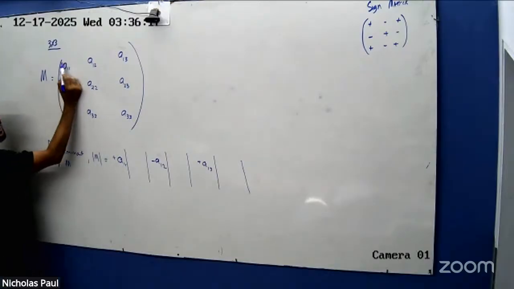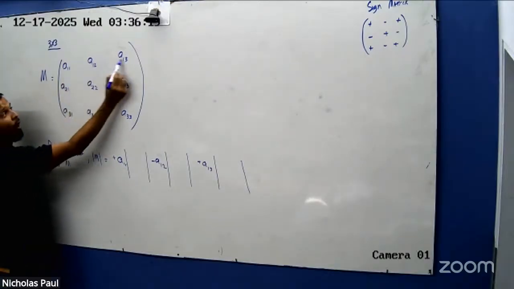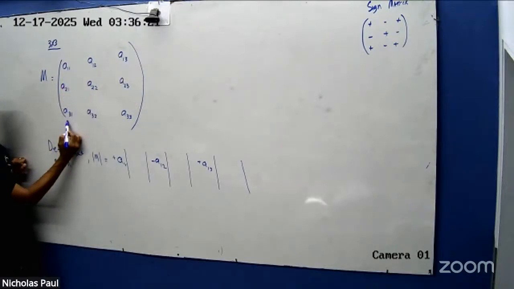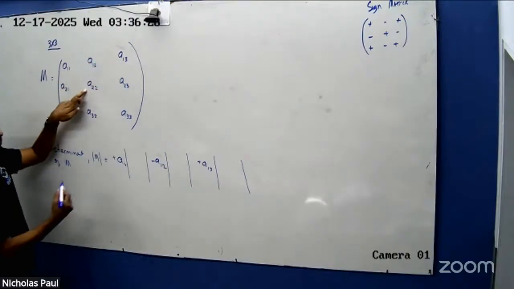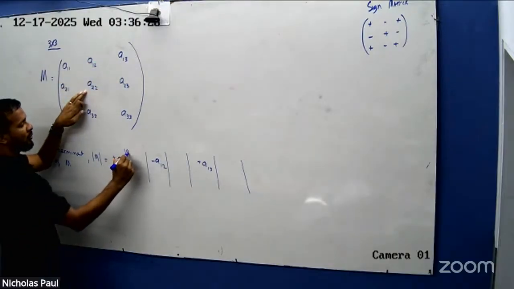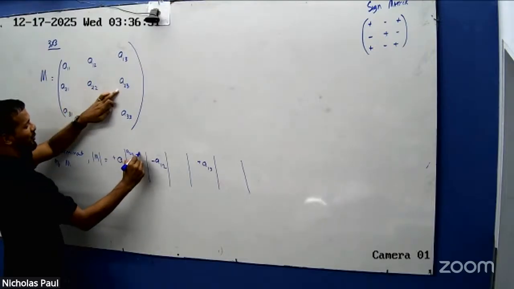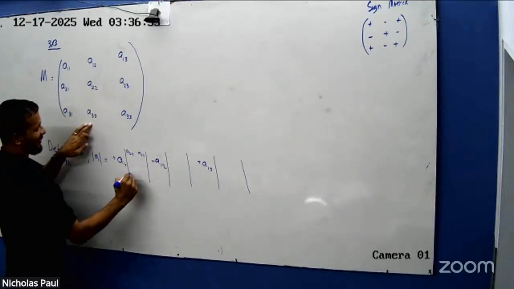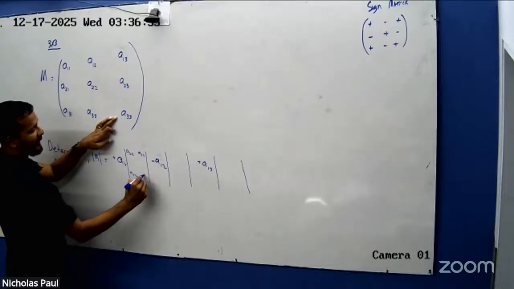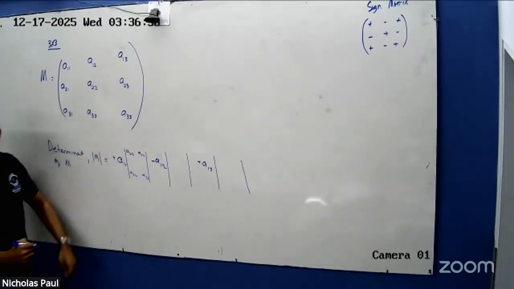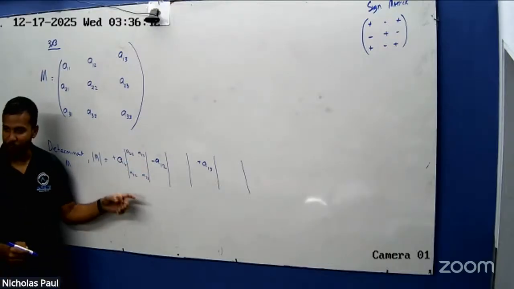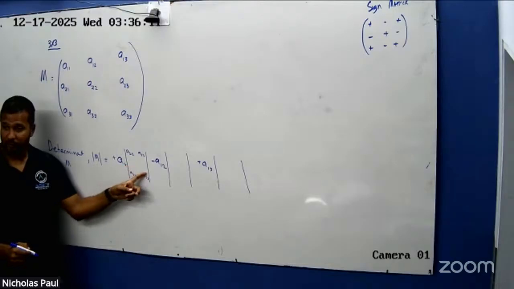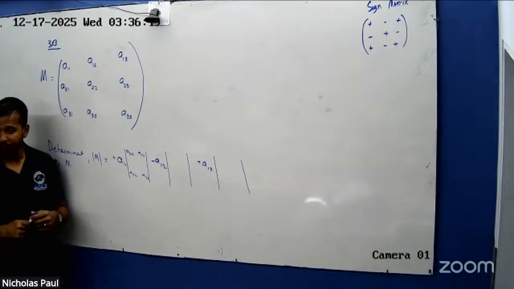This belongs to row 1, column 1. If I cancel everything here and everything here, you're left with A22, A23, A32, and A33. So you're left with a 2 by 2 matrix that we can easily find the determinant of. Are you okay with that?